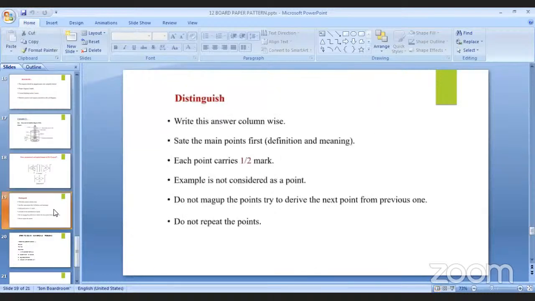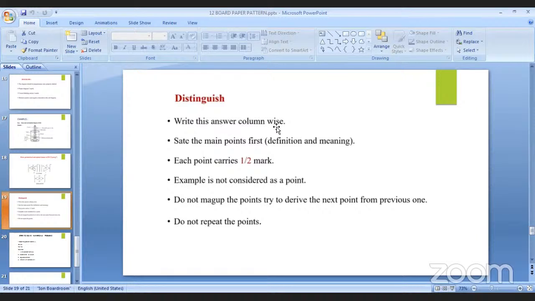Now, one more question which always comes in the paper, at least one question will be there on distinguish or differentiation. So just go through your textbook. In the textbook, there are so many questions on distinguish or differentiation. While writing the distinguish, you will draw two columns, and one by one you will write a point.